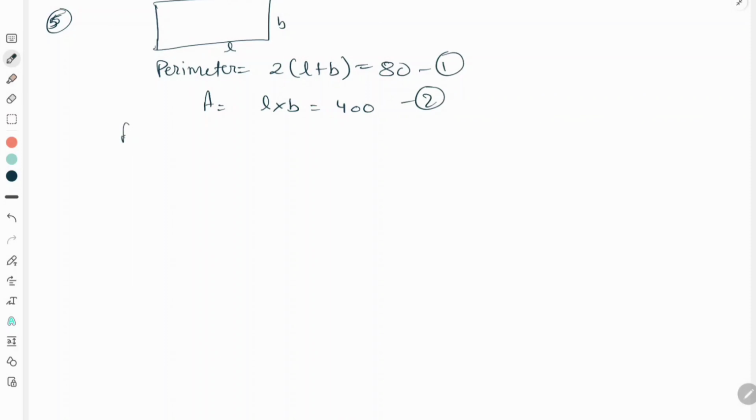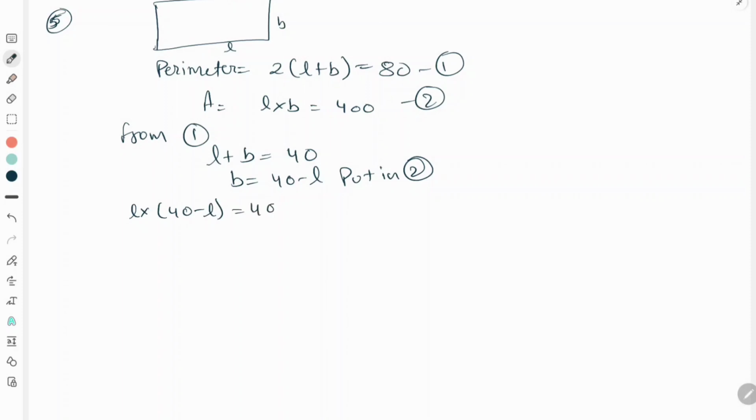So we have two equations. So using equation 1, L plus B will become 40, and the value of B will be 40 minus L. Then we will put this in equation 2. Then 2 will become 40 minus L equal to 400. Then it will become 40L minus L square. 400 we can rewrite as L square minus 40L plus 400 equal to 0.